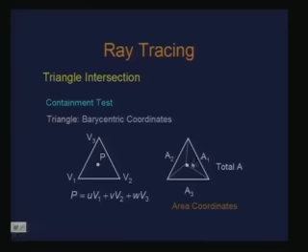Let us say I define the area in front of the vertex V1 as A1, similarly A2 as this area and A3 as this area, and let us say the total area of the whole triangle is A. Then these barycentric coordinates, or the area coordinates, are nothing but the ratios of these individual areas to the total area. A1 is opposite to V1.